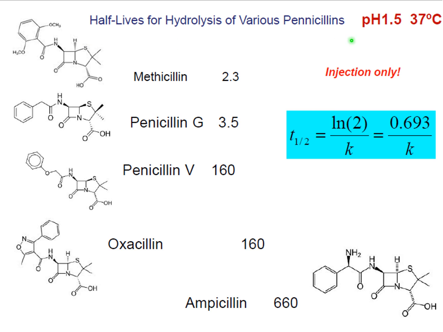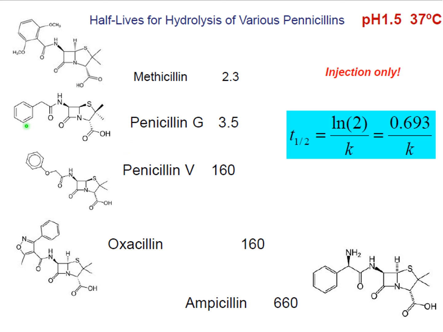Half-life of different compounds is very important for their use. This is an example for several different antibiotics. For example, penicillin G has very short lifetime and cannot be used by oral admission, injection only, because it will decompose faster than it will be absorbed.